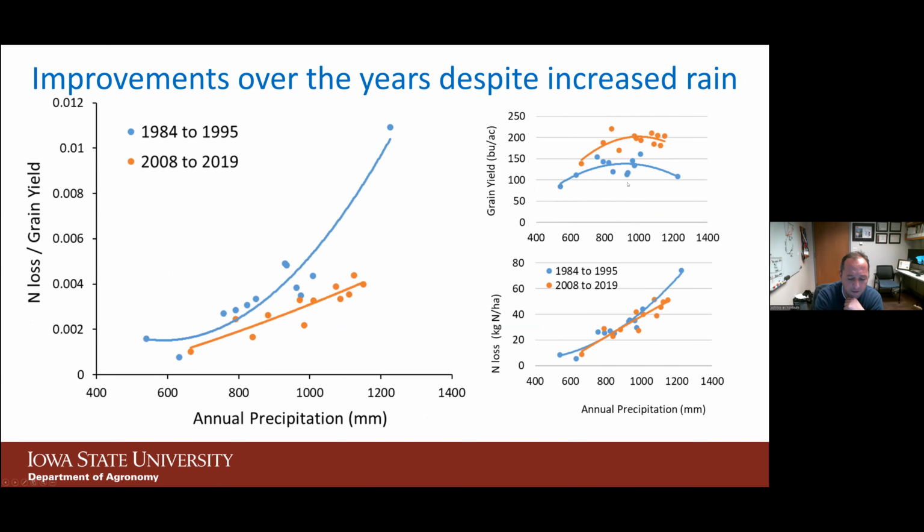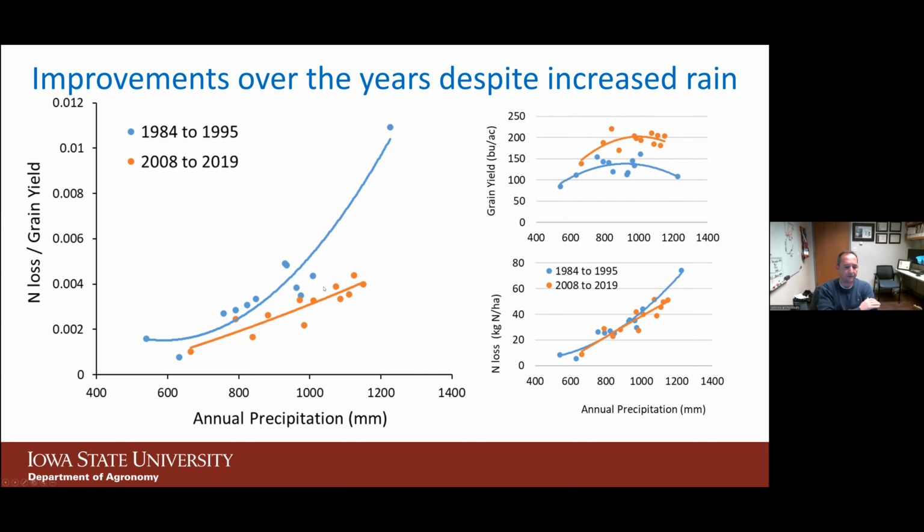So what I tried to do was to take the relation between nitrogen loss and yield and look at the first 12 years of the evaluation period and the last 12 years. So 84 to 95 and 2008 to 2019, the blue and orange line.